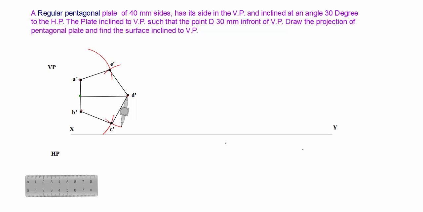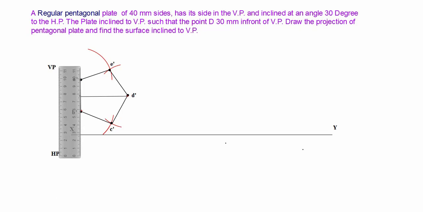So now friends, you have the pentagonal plate which is resting in VP plane with one of its sides. Your elevation is always the true shape. Now the plate is in VP, so the top view of the pentagon is on the XY line.